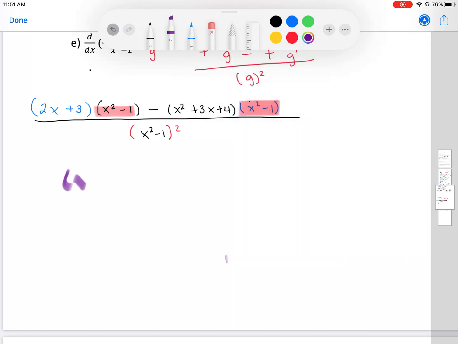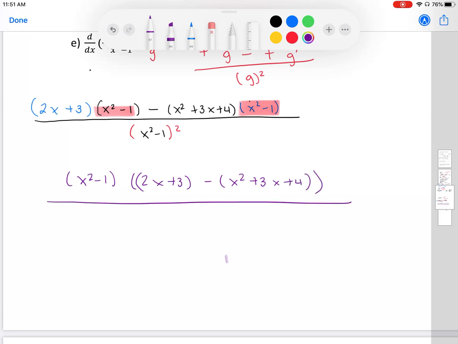So we have x squared minus 1 times, and we're left with 2x plus 3 minus x squared plus 3x plus 4, all of which is divided by x squared minus 1 squared.